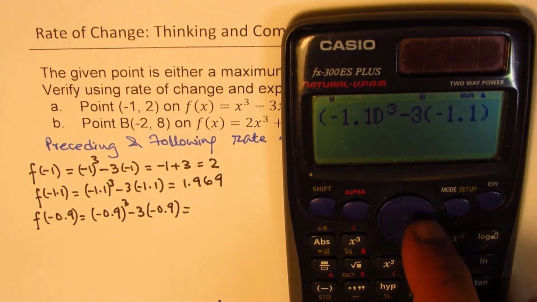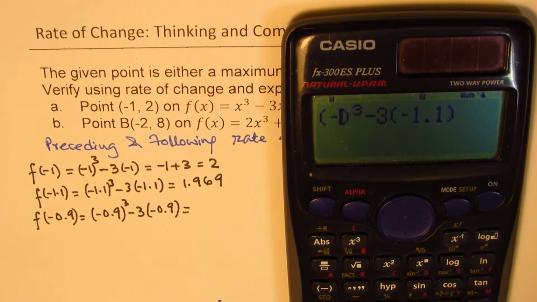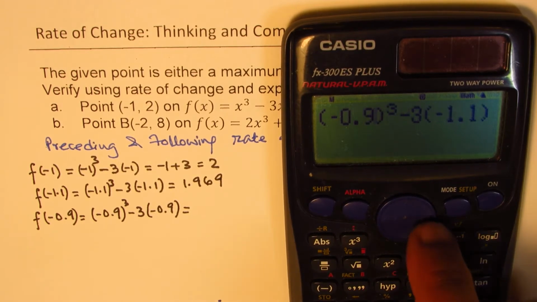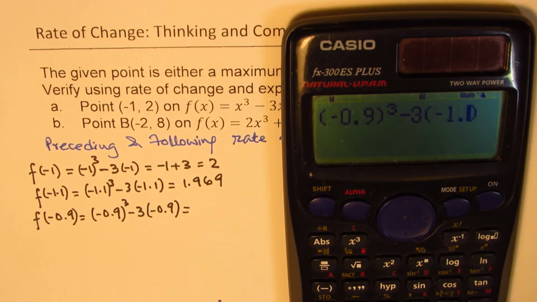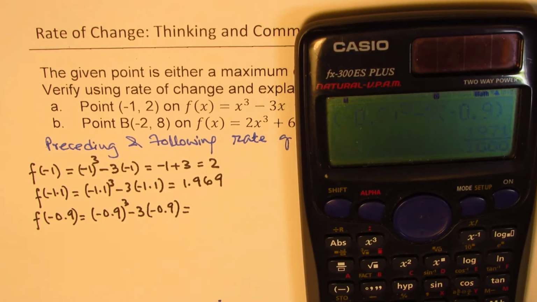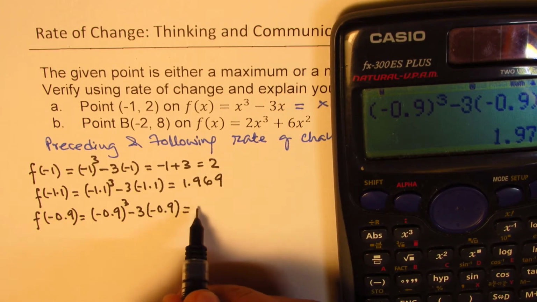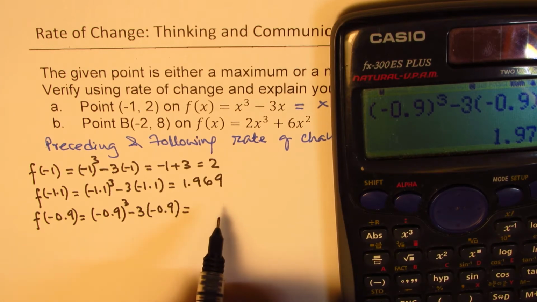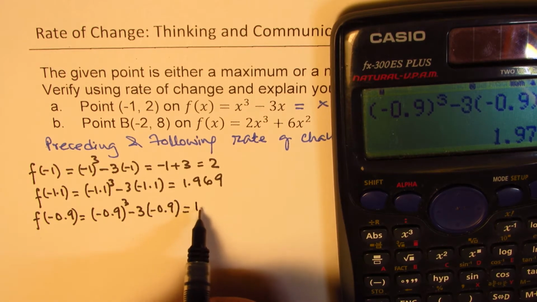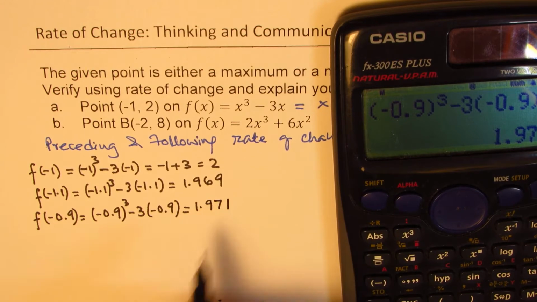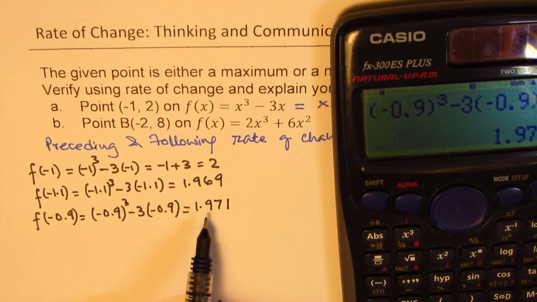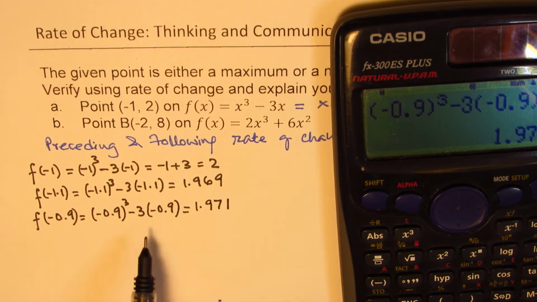So if I change this to minus 0.9, then what do we get? We get a decimal value which is equal to 1.971. Okay, so we do get these two values.